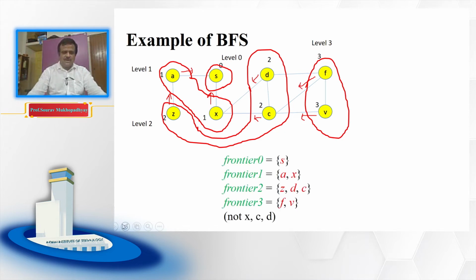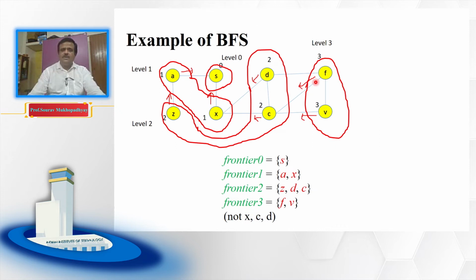So now, the frontier is initialized by s, and then the next frontier will be the next set, that is A and X, which are the level 1 vertices, and then the next frontier is Z, D, C, which are the level 2 vertices, and the next frontier is this one, which is level 3 vertices, and we are done. This is the way we label the vertices. And this parent pointer, what will it give us?